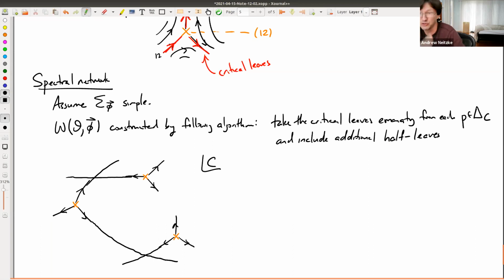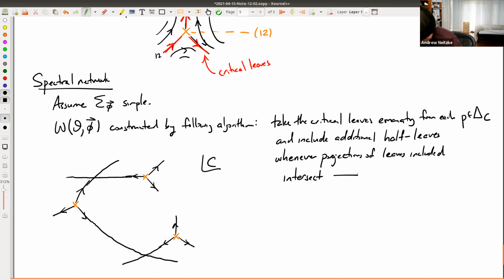Whenever we have two leaves whose projections to the base intersect, we're going to add additional half leaves, according to the following rule.